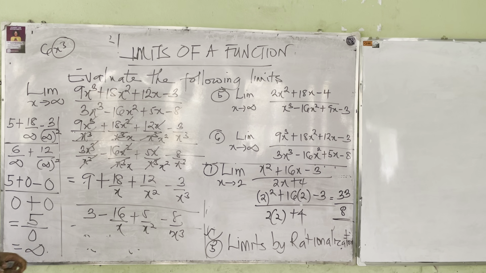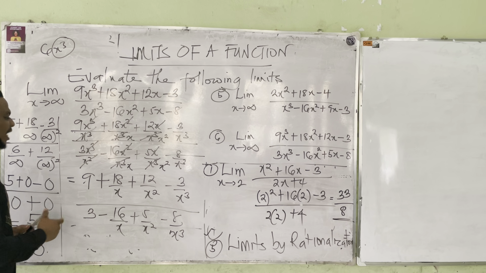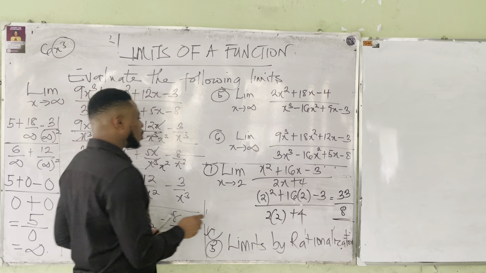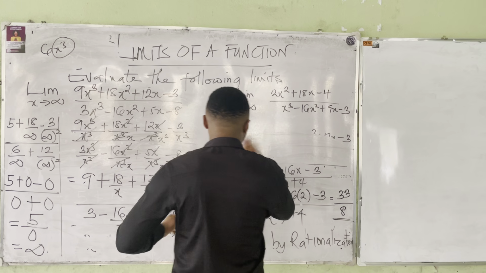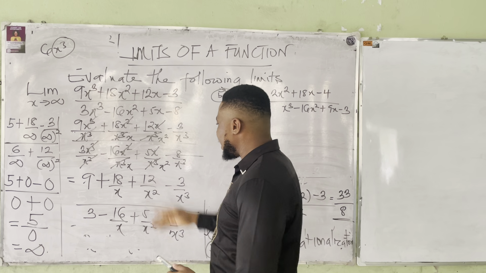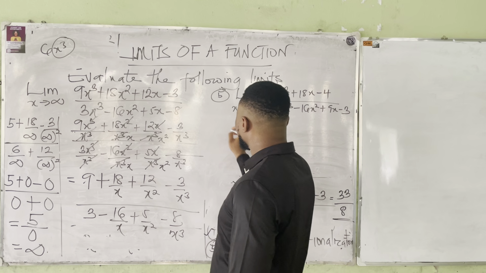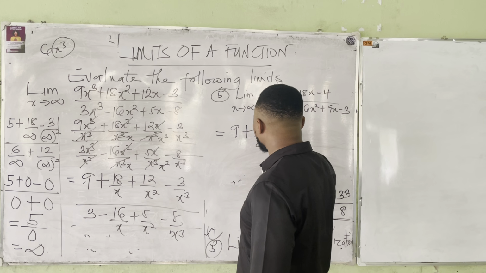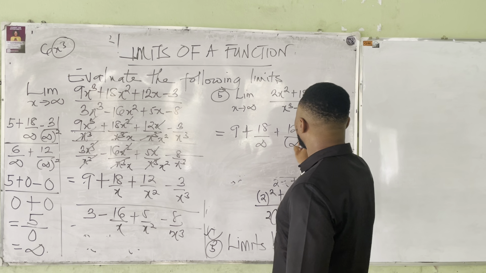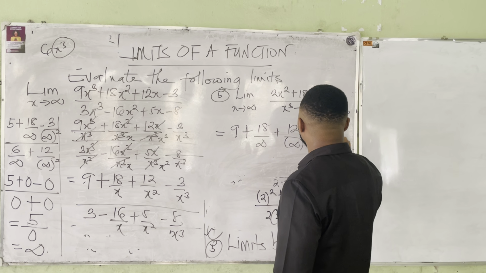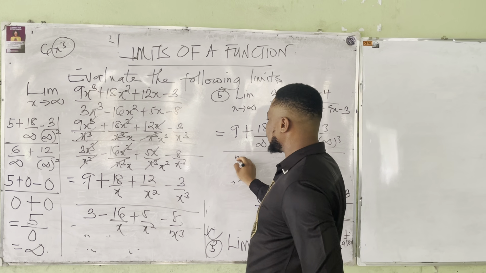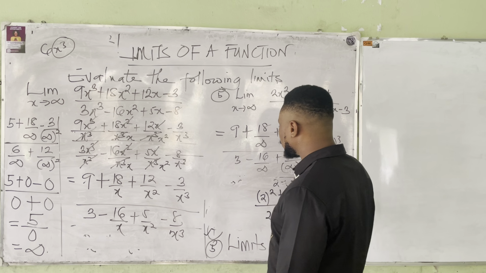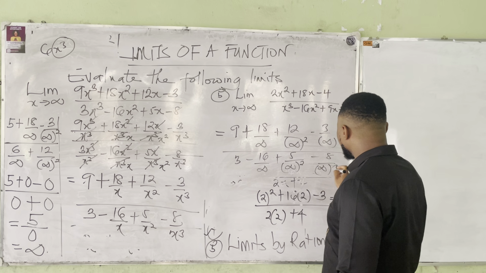Remember I told you that whenever we substitute infinity into x, that becomes 0. So this will be equal to 9 plus 18 over infinity plus 12 over infinity squared minus 3 over infinity cubed, divided by 3 minus 16 over infinity plus 5 over infinity squared minus 8 over infinity cubed.